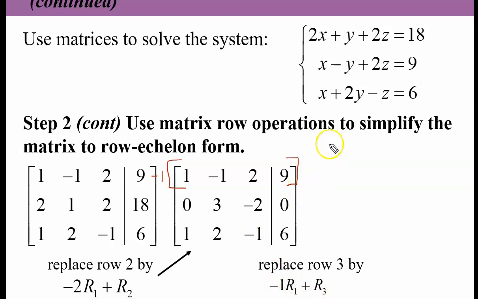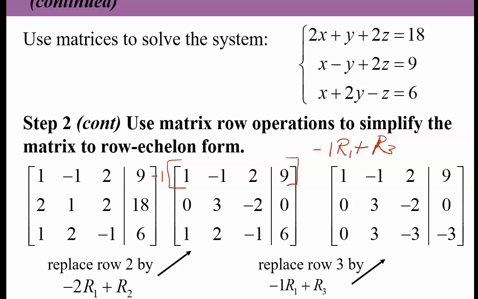This is what they're saying. So multiply row 1 by a negative 1 and then add it to row 3. And you might say, well, what does this do? Well, it's going to make this a 0. And let's see this in action here.